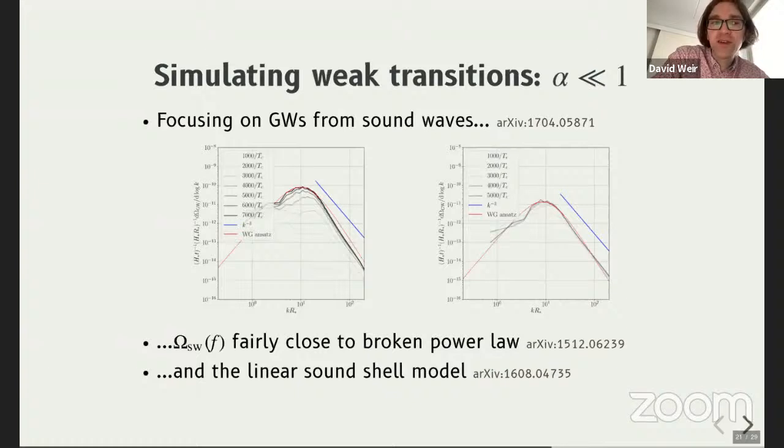So weak transitions, I'm not saying that they're an open and shut case, but they're certainly well understood. And our presumptions and expectations for how gravitational wave power spectra look for phase transitions are inspired mainly by these simulations that we've carried out of weak first order phase transitions so far.